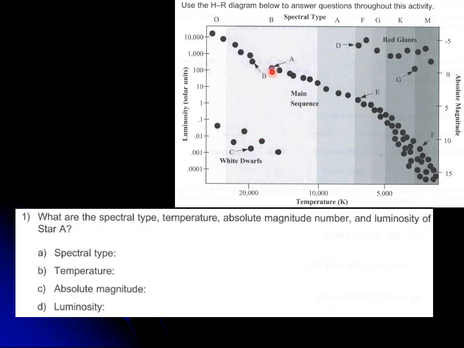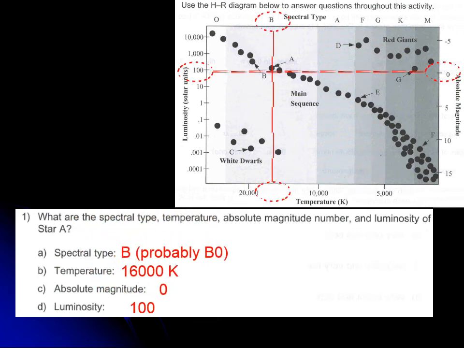Well, star A is right here. The spectral type is going to be somewhere there. The temperature is going to be somewhere here. The absolute magnitude is going to be somewhere there. And the luminosity is going to be somewhere here. So the answers are there.